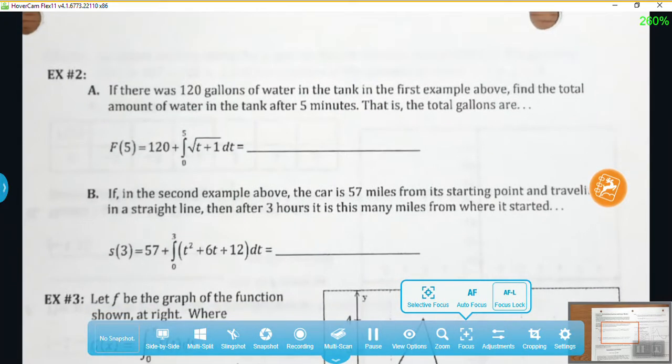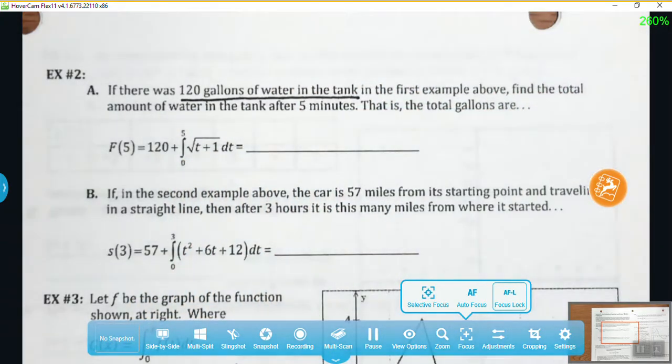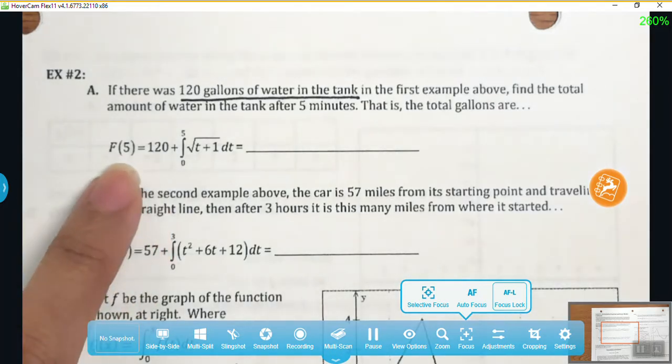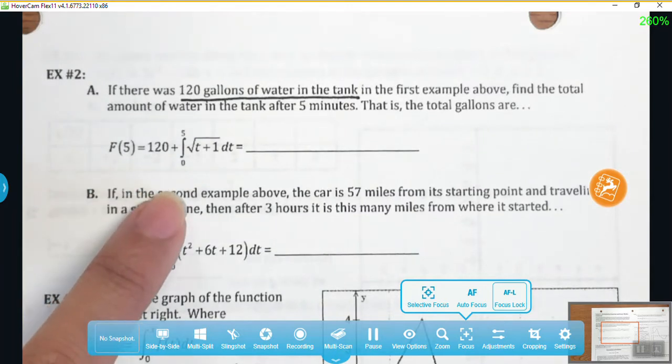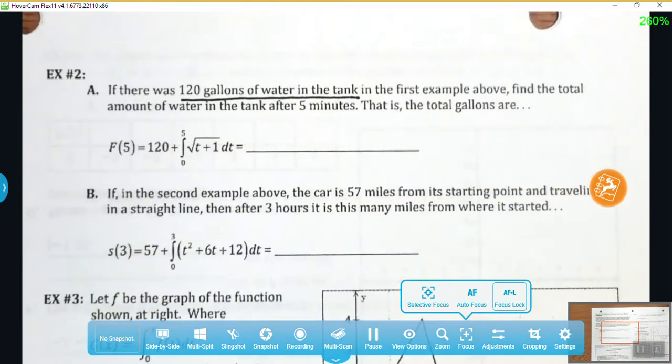Okay, let's go back to example 1. Let's say you started with 120 gallons of water in the tank to begin with. Then to find out how many total gallons are in the tank, instead of how much has come in, you do 120 plus the integral from 0 to 5 of root t plus 1.